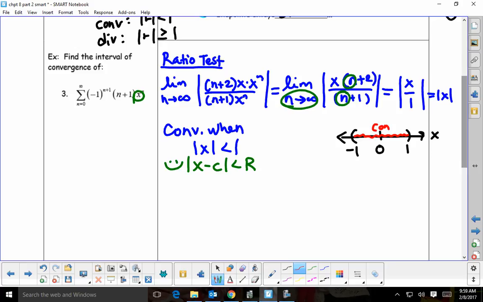We know all of this part diverges. But what we don't know is what happens at 1 and -1. So we know the interval is something like this. I can drop my absolute value bars, bring it on down, but with question marks if the endpoints are included. Are we good so far on that?